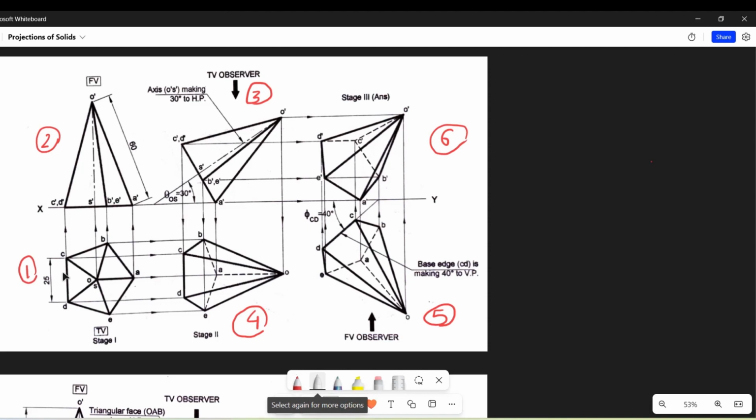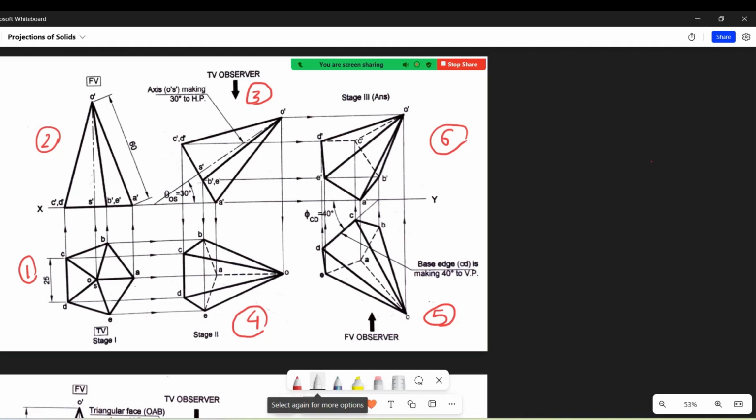Here we see that this is a pentagon and this view is a triangle, means it is a pentagonal pyramid. And what are the dimensions of the pentagonal pyramid? The dimensions are 25 mm base edge, and the axis length is not given here. The slant edge is given, that is 60 mm.